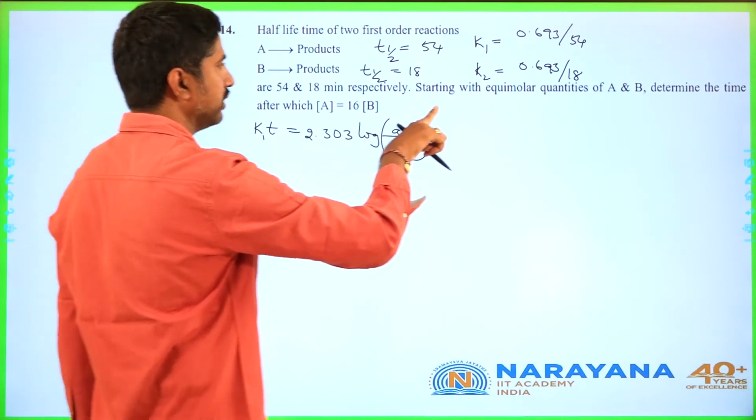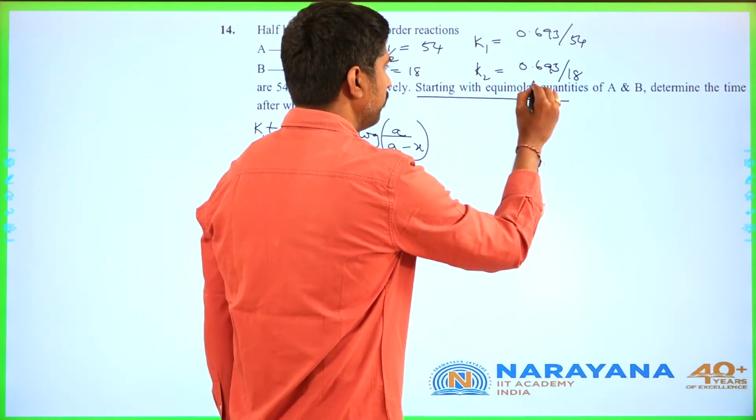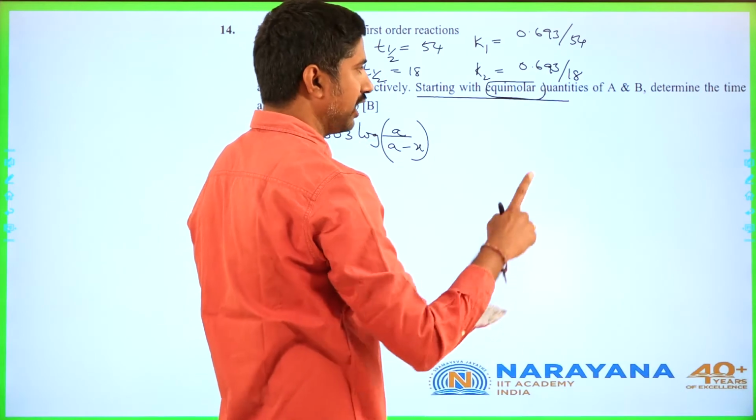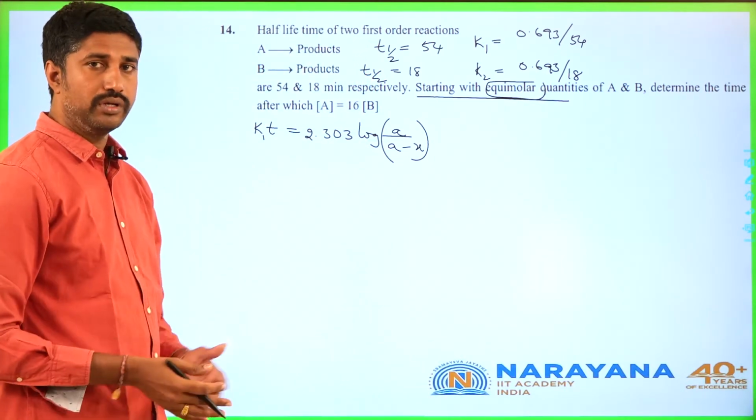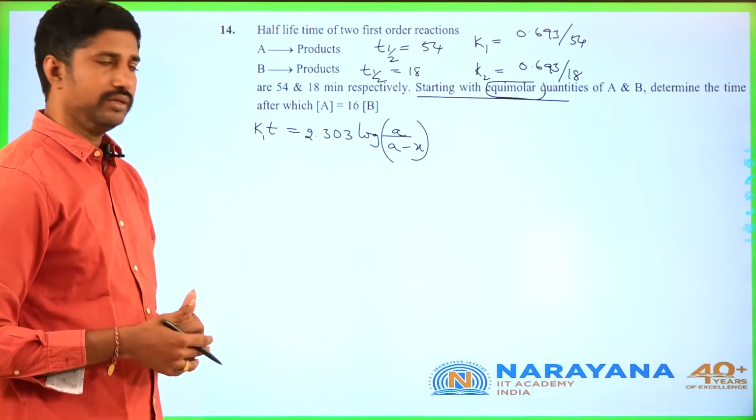If you are applying that for the first equation, I am writing K1 and T, because they are asking that, starting with equimolar concentrations of A and B, determine the time after which A is equal to 16B.